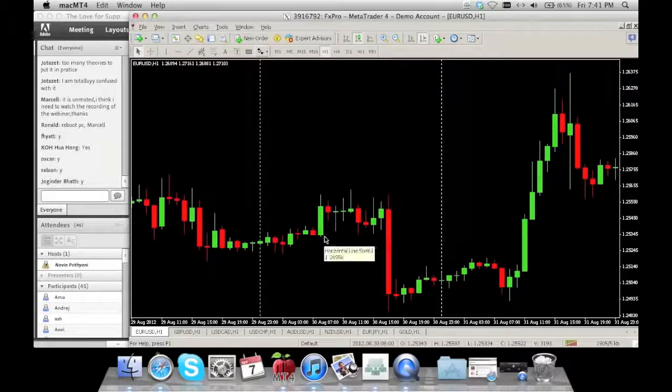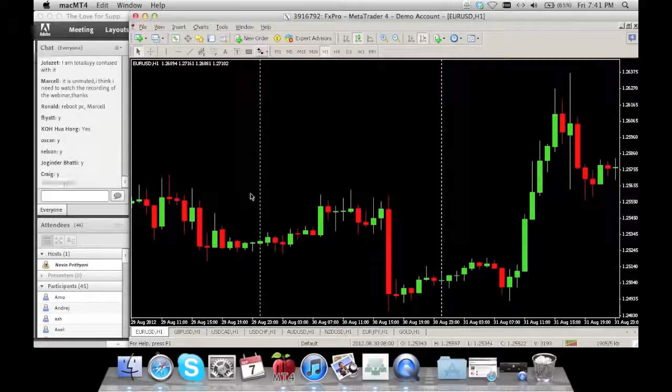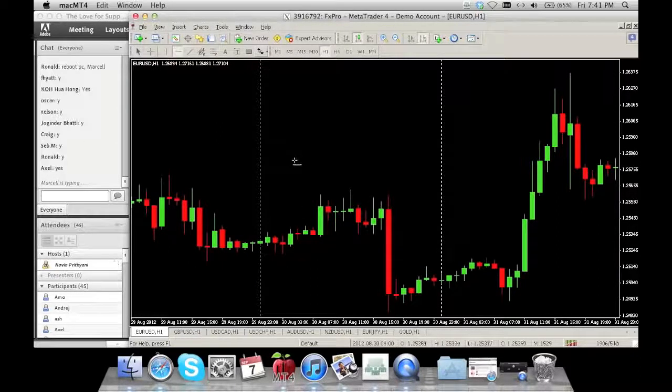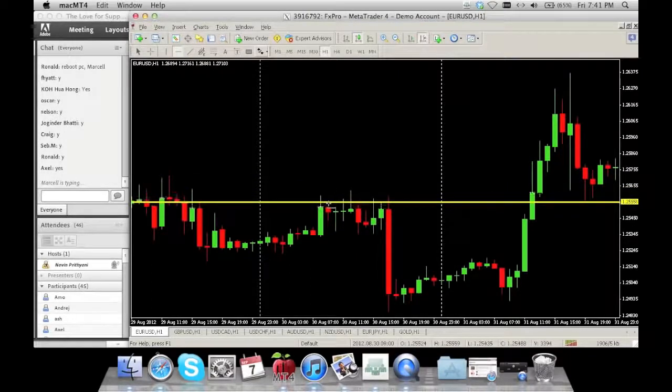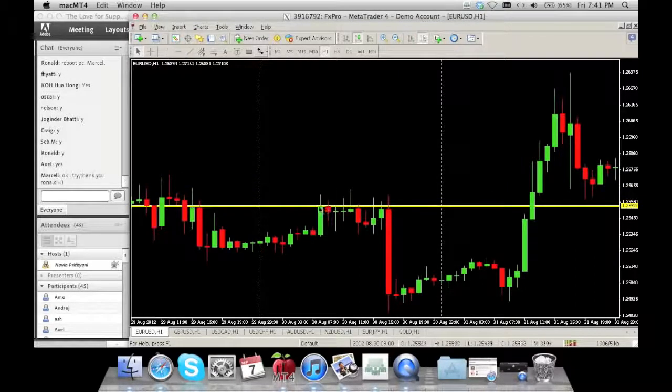Okay, so in this particular case, if I take our line and draw it all the way up to the body, leaving the tails out of it. Tails have no significance technically in terms of support and resistance. If you draw it onto the body, you can see that the market has never closed outside of this level.